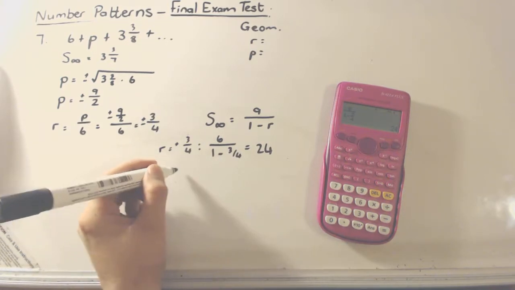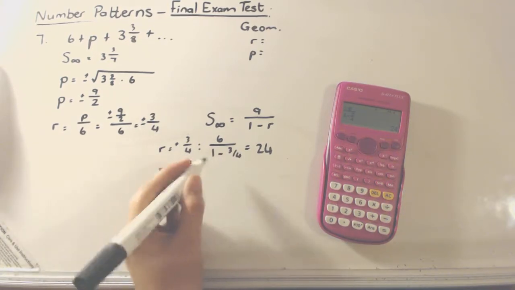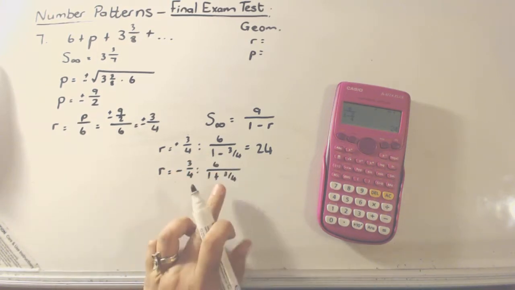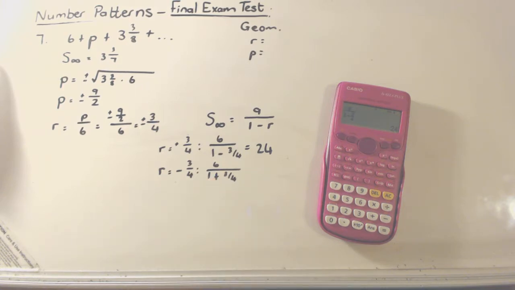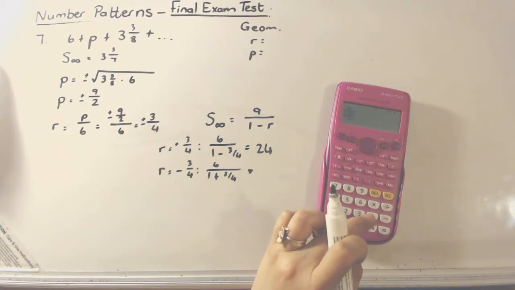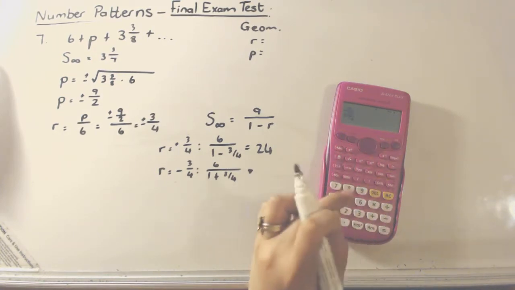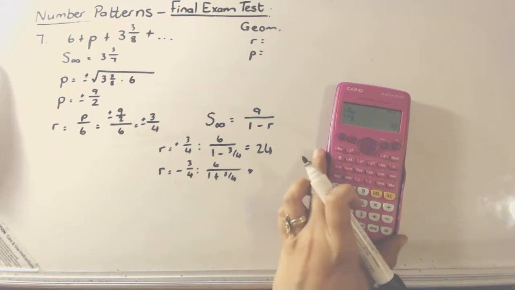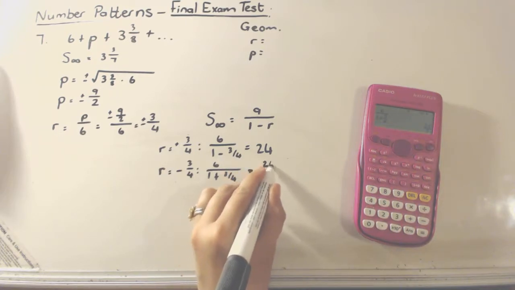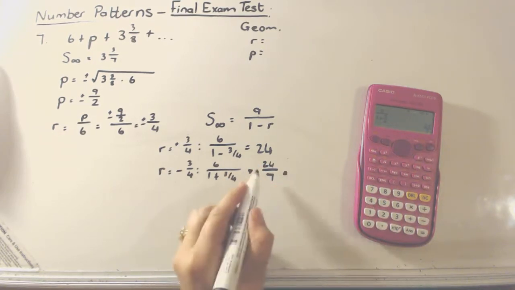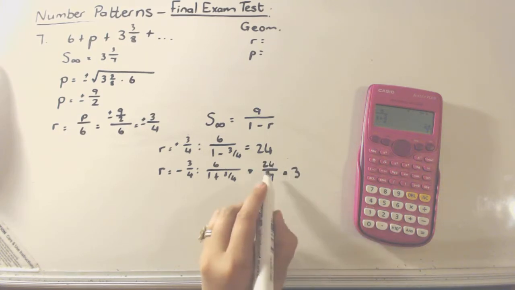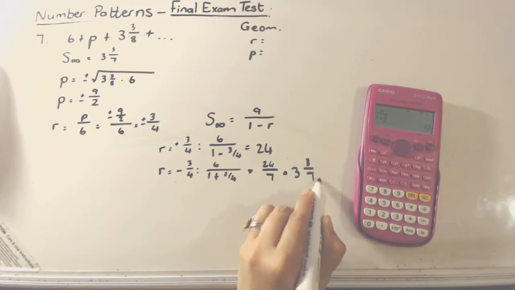And if r is negative, I have 6 over 1 plus 3 over 4, because it's then negative 3 over 4. And then if I change that to a plus, what am I doing? Plus, then it gives me 24 over 7, which is actually 3, because 21 divided by 7 is 3, and then there's 3 over 7 left.